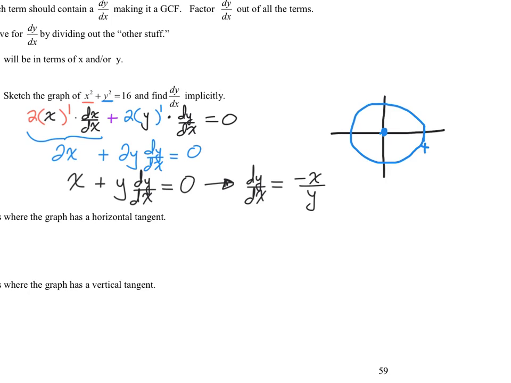So, all the points where the graph has a horizontal tangent. Well, I don't need my derivative to figure that out. It's got one here. That would be a horizontal tangent. It's a decent circle. And that would be a horizontal tangent.